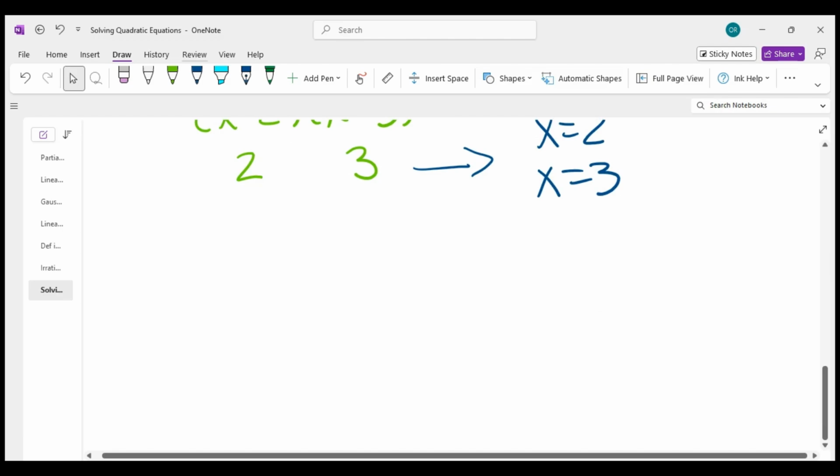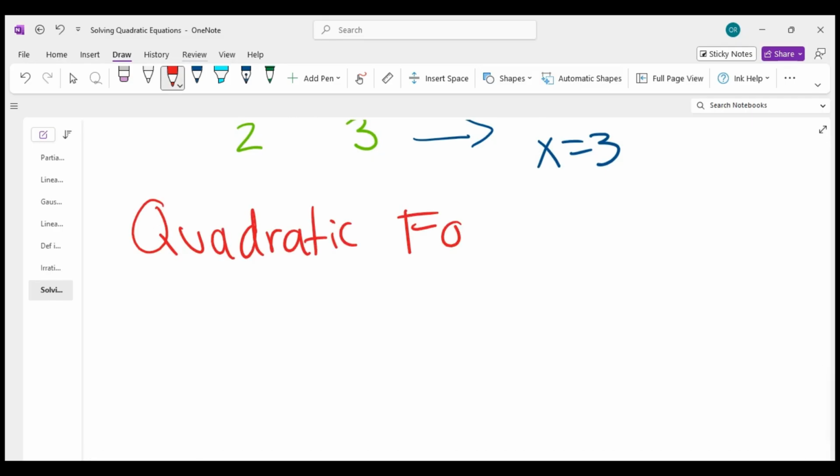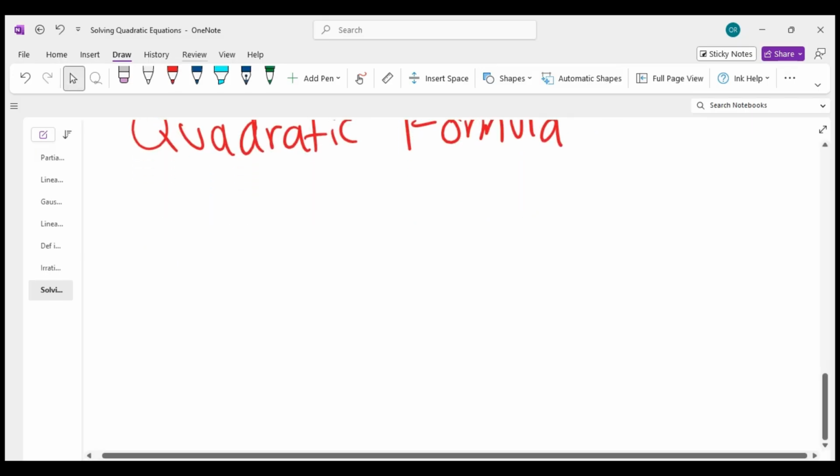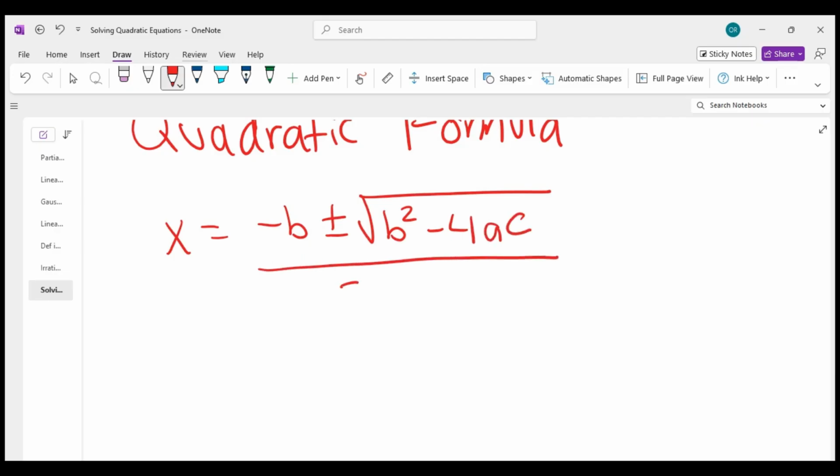So those ones are pretty straightforward. Let's move on to using the quadratic formula. The quadratic formula states that x equals negative b plus or minus the square root of b squared minus 4ac, all over 2a.